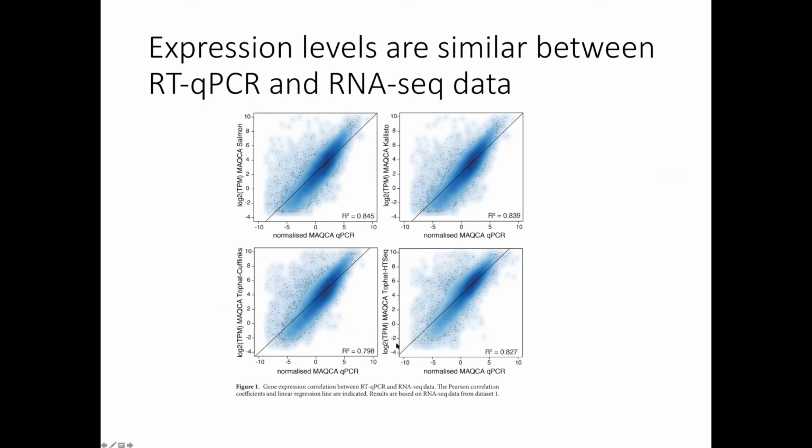TopHat is an RNA mapping program. Or using TopHat with HTSeq. And this is as close as we get to what we are doing right now. Or Kallisto, which is the one that you're going to be trying out on Friday.